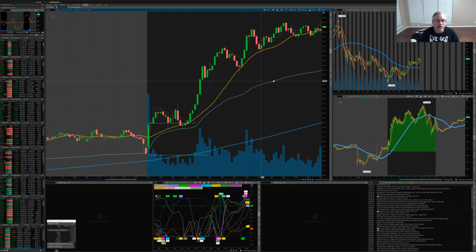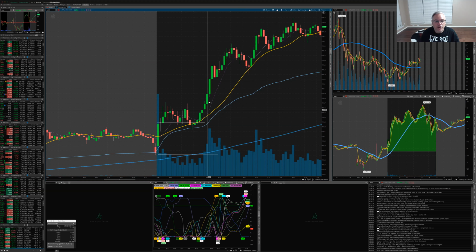And so look, on that first move, it started to get some breathing room, and it would not have gotten stopped out if you had used the 8-period moving average as your stop, which you shouldn't do. I just have it on there to give me that extra confirmation. It's kind of like a perfect trailing stop. You have to use the rules though, because prices zigzag, and you can't use any systemized stop loss like that.